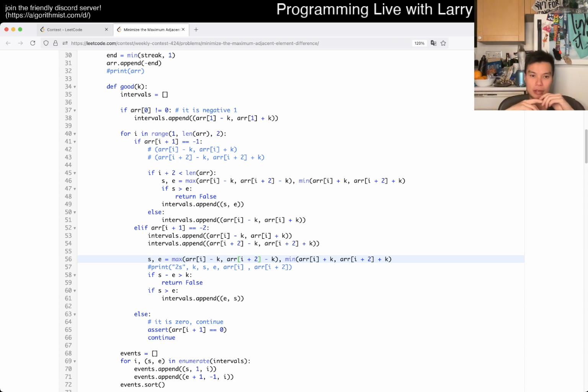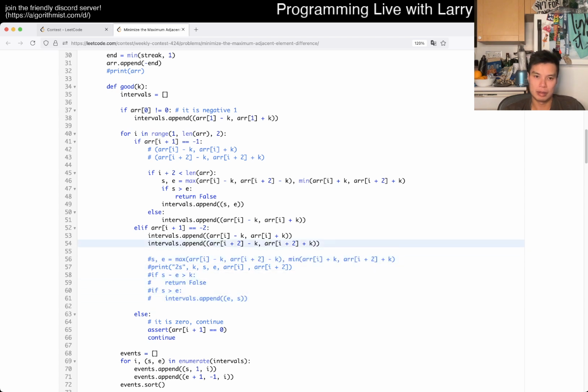Okay. So here you have two intervals that you care about. I thought that was gross, honestly, but okay, let's think of it another way.